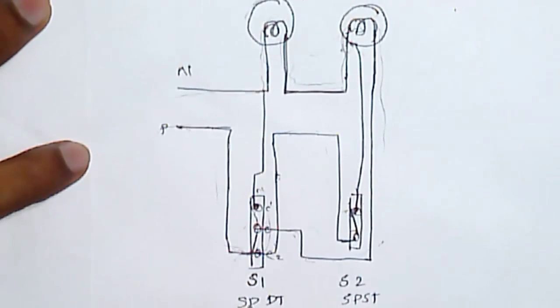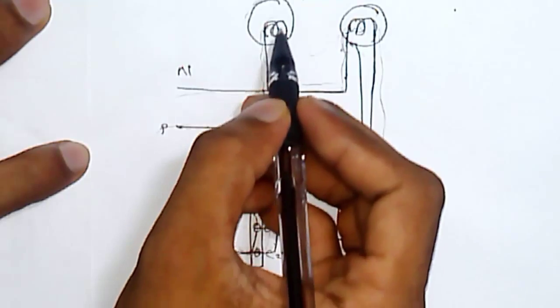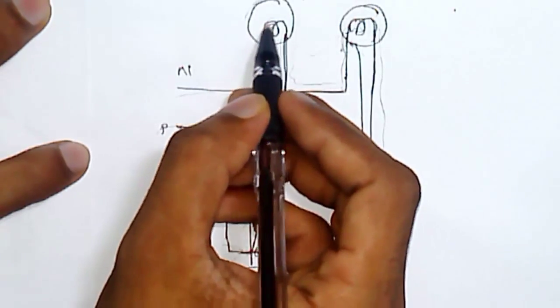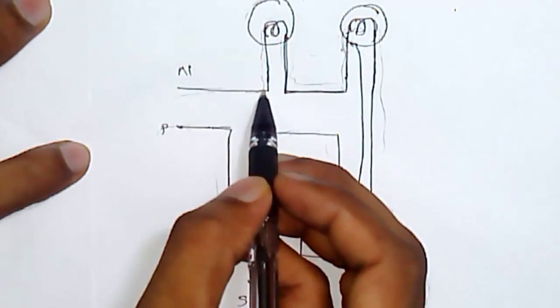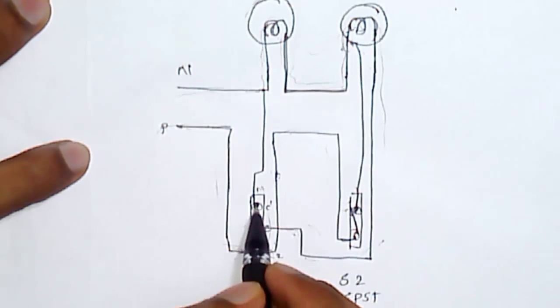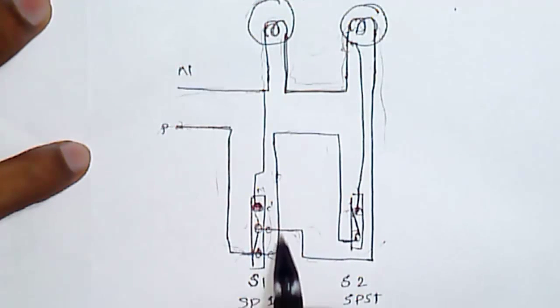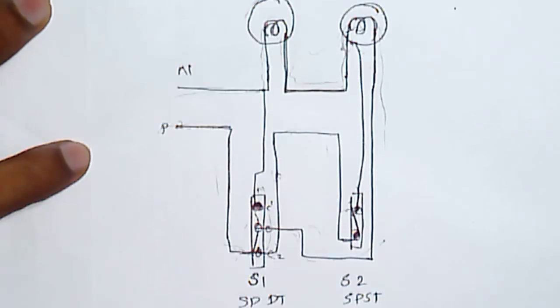We have an SPDT switch, an SPST switch, and two lamps. First consider lamp L1 and lamp L2. This lamp is connected to neutral, and the neutral is also joined to the C1 dash point of the SPDT switch. The phase is connected to the C2 point of the SPDT switch and also to the lower pole of the SPST switch.